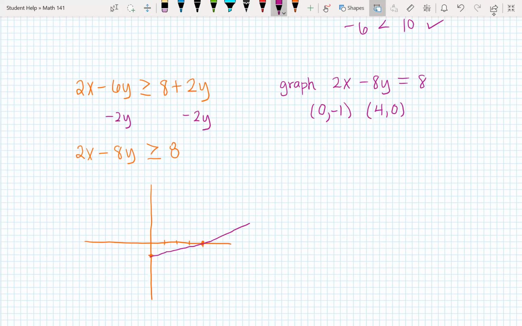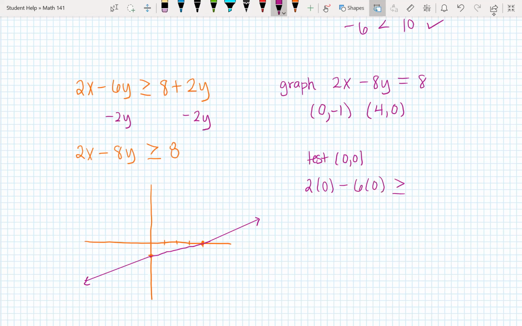I'm making this a solid line this time because I have equality in the inequality symbol. And then I'm going to test the origin 0, 0 to see which side to shade. So 2 times 0 minus 6 times 0.